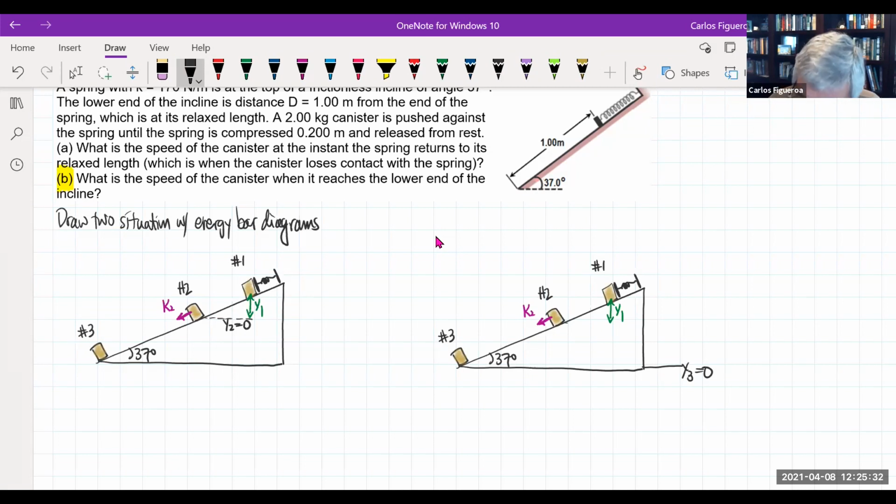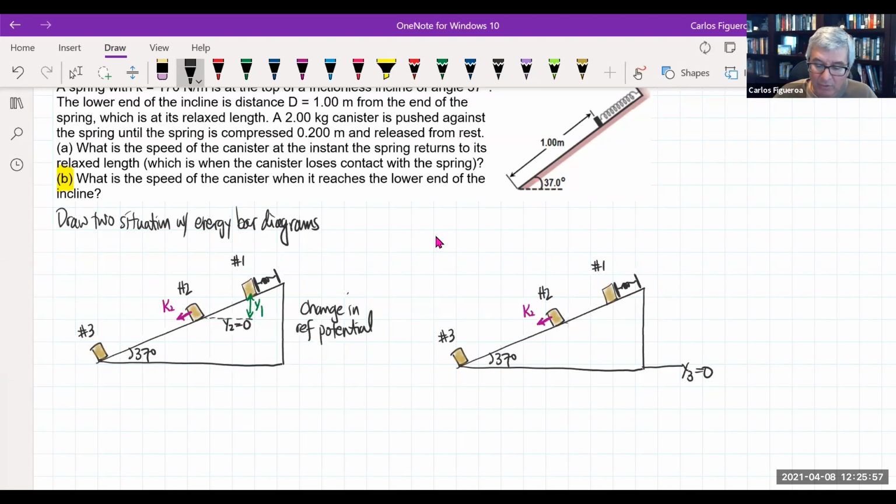This changes our reference. So here, there's a change in reference potential, and you'll see that by changing the reference potential, it actually makes the problem a little bit easier.